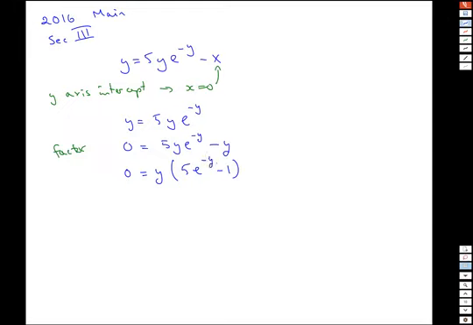That to me is probably the most straightforward way to get the roots, because one of the roots comes out of this, y equals 0, and we're done. Or the other factor has to equal 0 instead: 5 e to the negative y minus 1 has to equal 0.